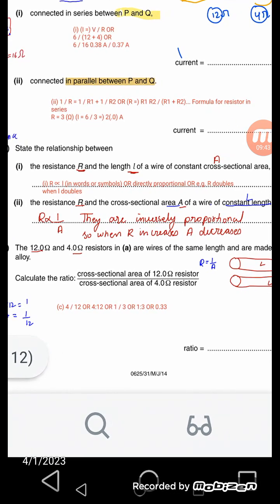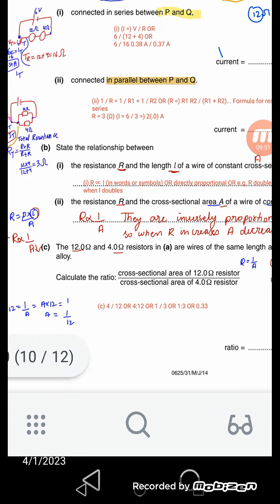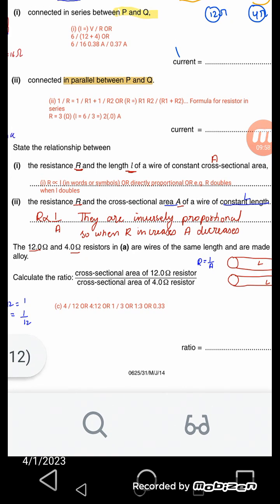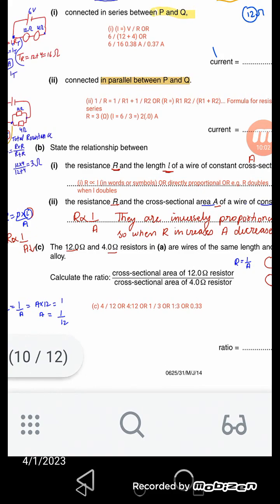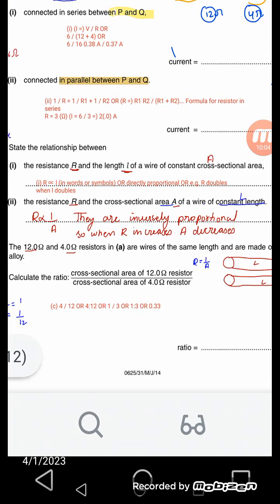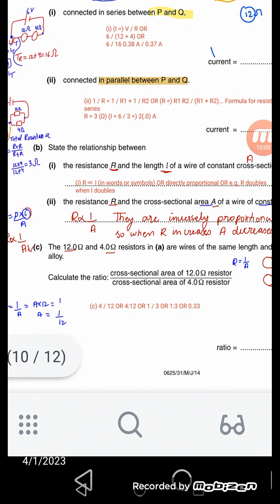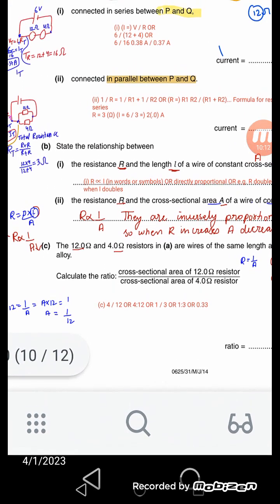A is the cross-sectional area, and it is inversely proportional, so when R increases, A decreases. Here, everything has the same length and is made up of the same resistivity, so the resistivity ρ will also be the same and L will also be the same. So we will not take this one.